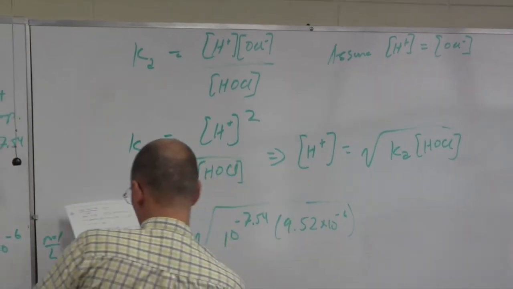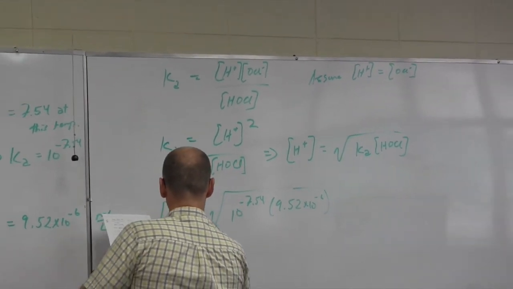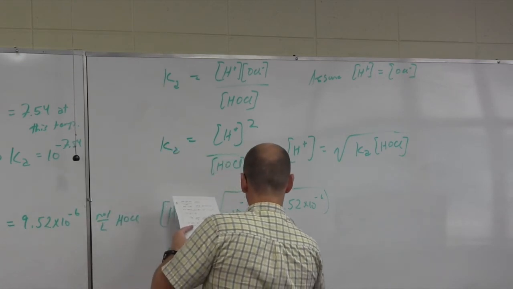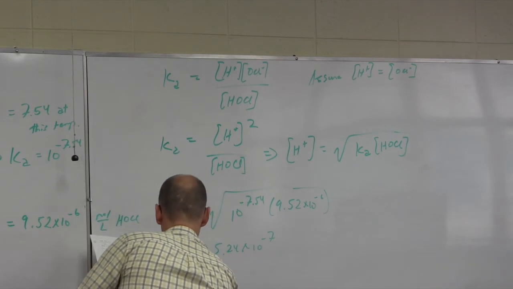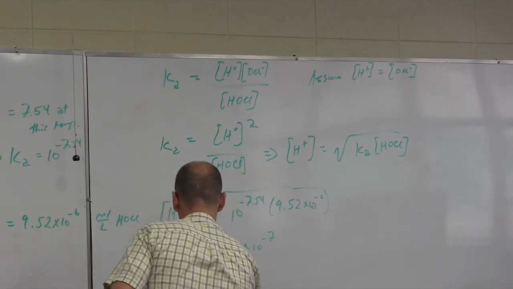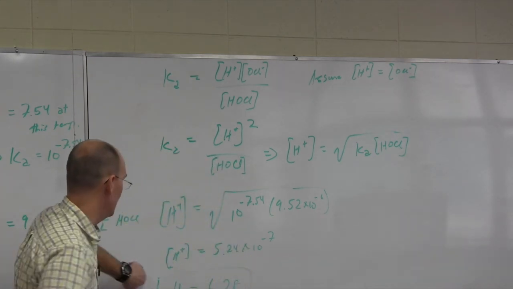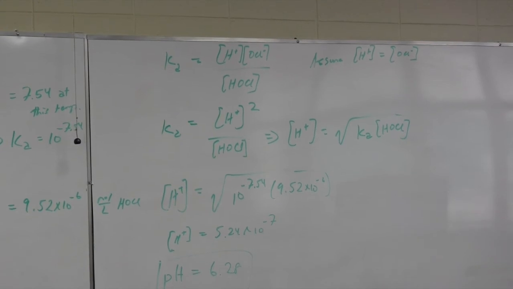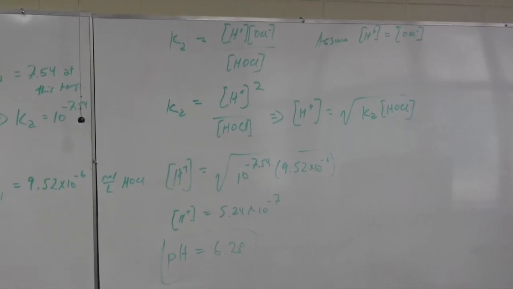We're just plugging in the numbers there. And H plus concentration is going to be 5.24 times 10 to the negative 7th. And the pH then is going to be 6.28. The negative log of the H plus concentration, of course, is the pH, 6.28.